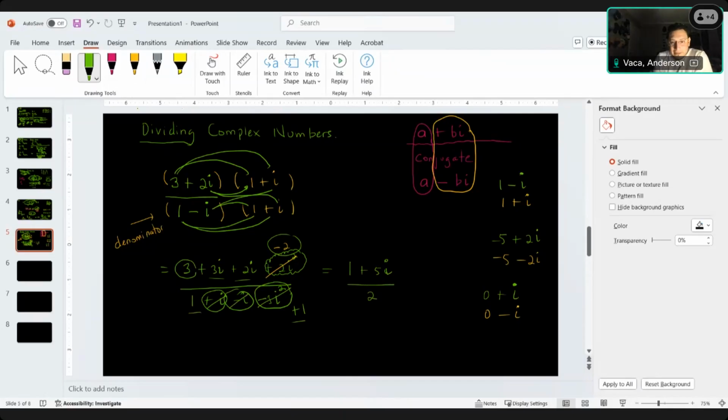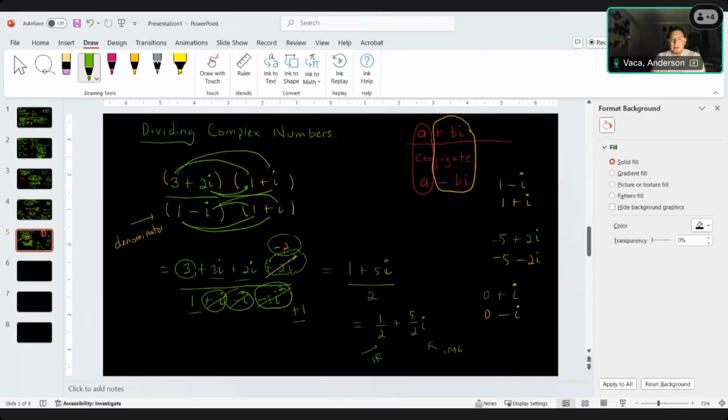So the final answer should be written in this way. 1 over 2 plus 5 over 2i. And the reason we do that is because that way we know exactly what the real part is, and we know exactly what the imaginary part will be.